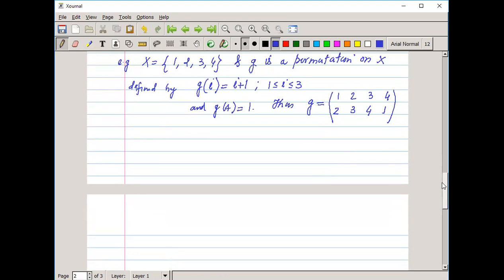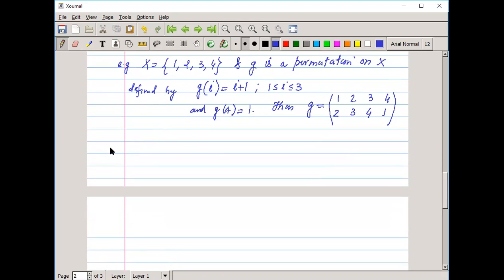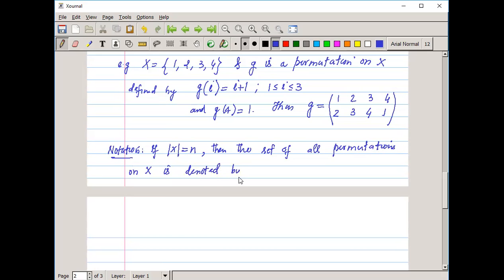Now we shall proceed towards having some more notations. One more notation we will introduce here. Notation: if the order of X is equal to n, that means X is a set with n elements, then the set of all permutations on X is denoted by Sn.